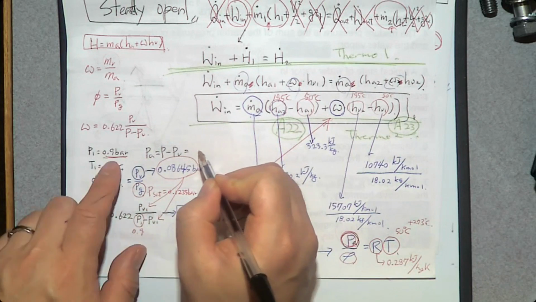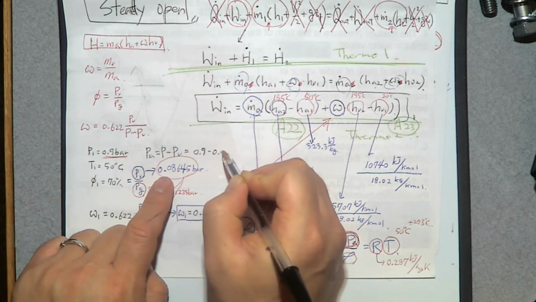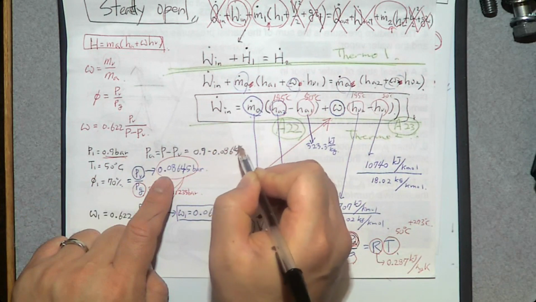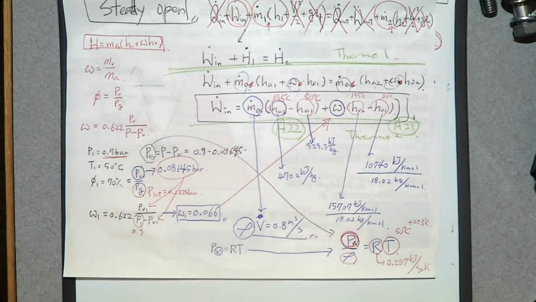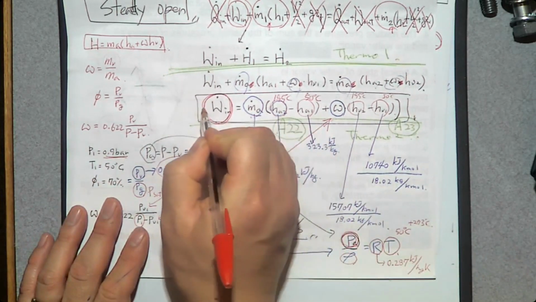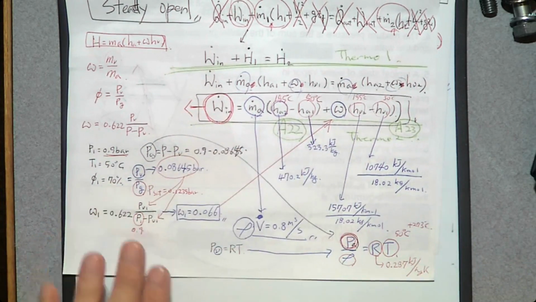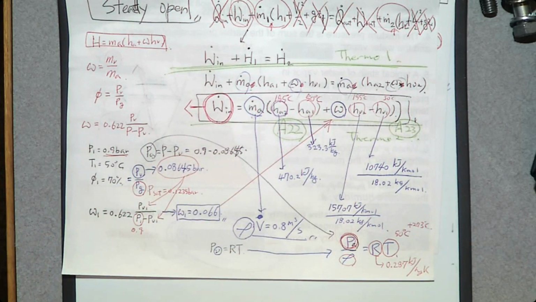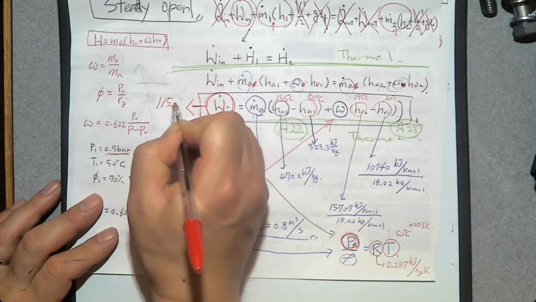So 0.9 minus 0.08645. So this PA goes in here. Then you can determine the power required to run this compressor. And the power required is going to be, so where is it? 115.9 kilowatts.